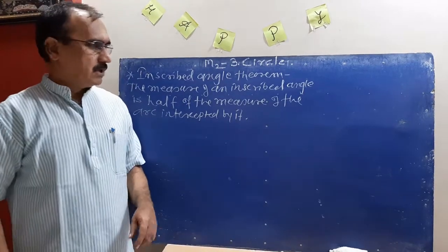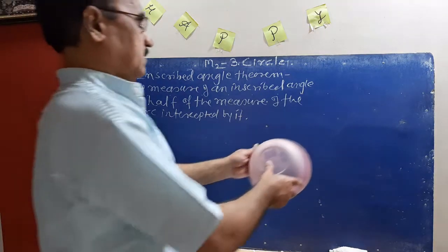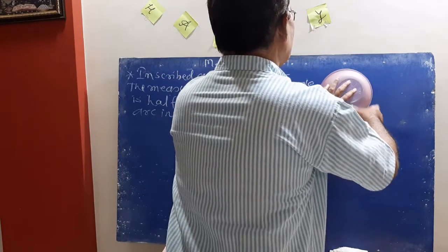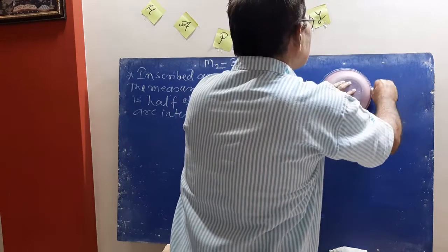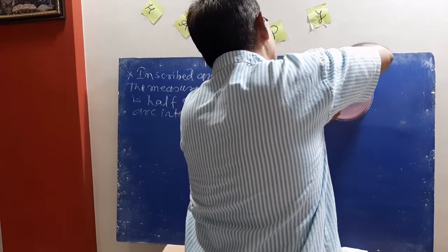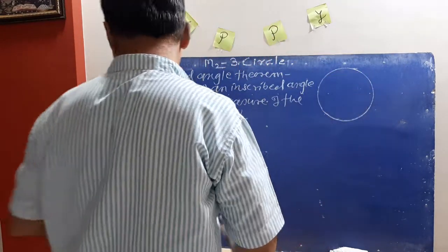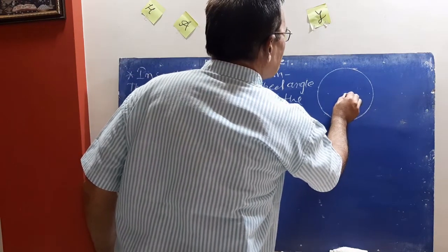First, draw a figure for this theorem. Draw a circle having convenient radius, this is the center of the circle.